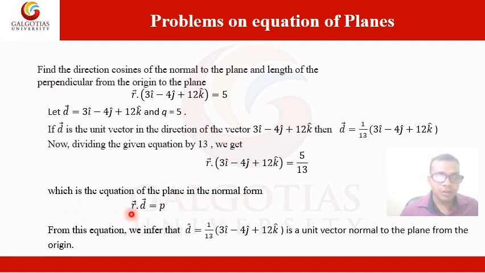So I can have r dot d cap is equal to p. So from this equation we can infer that d cap, that I told you as a d vector here, is a unit vector normal to the plane from the origin. So I hope this is very clear to you all.